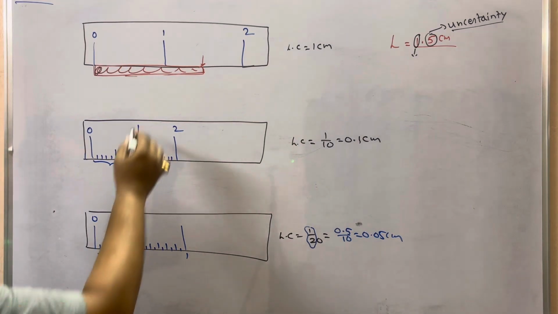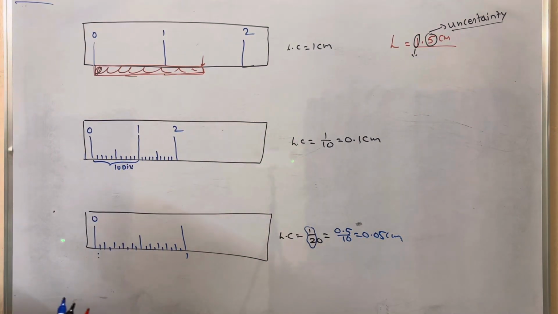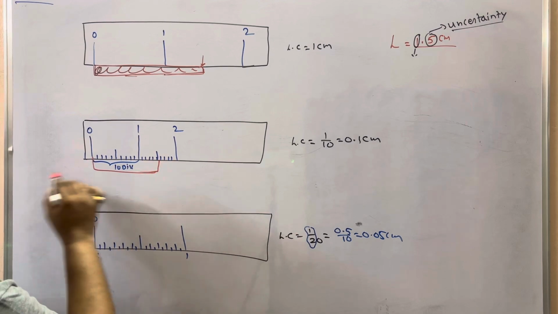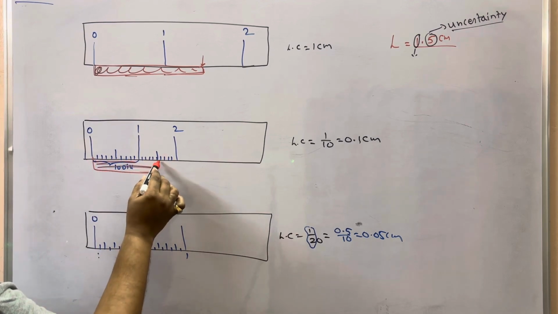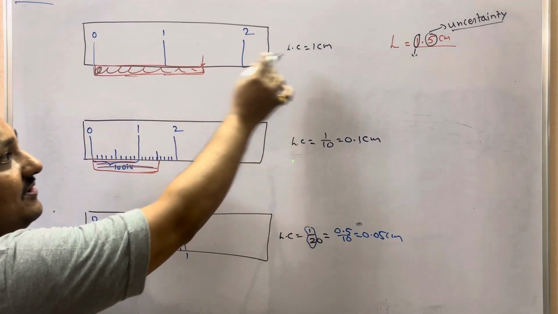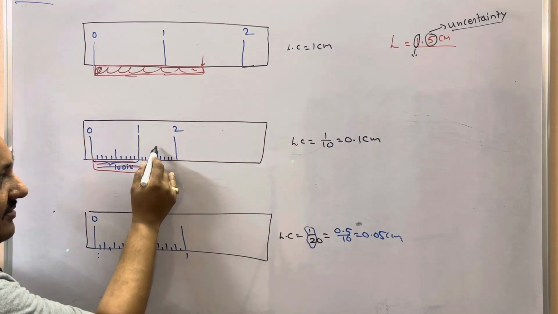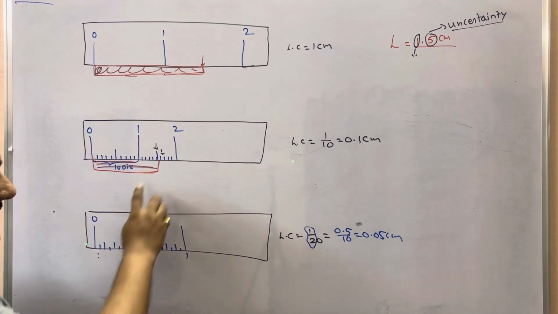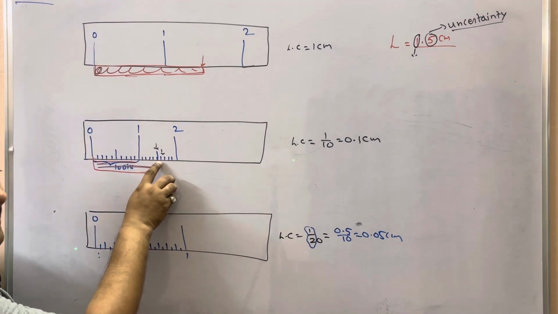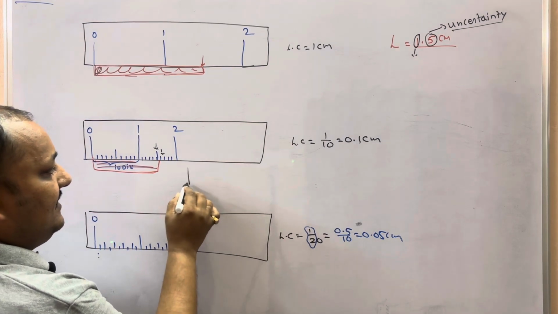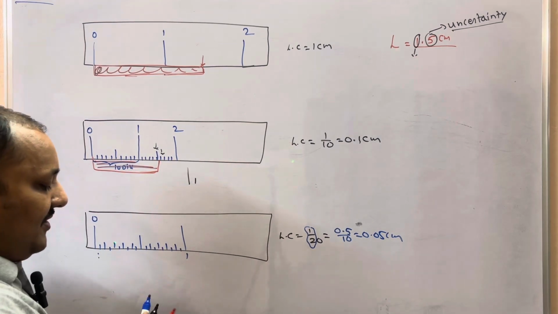Next, same object, if you place it here, let us assume it is coming like this. Now see, same object, you assume it is 1.5, but here it is going to be between 1.5 and 1.55. If you see very clearly, this is 1.5, this is 1.55.